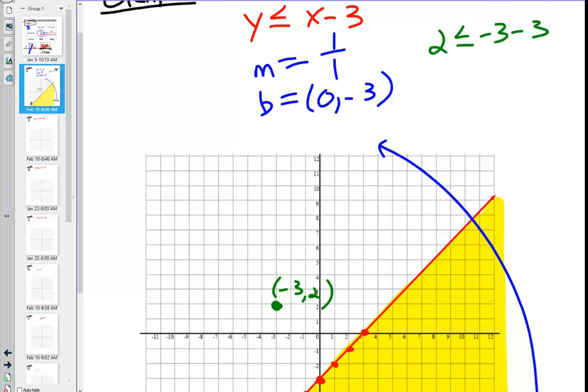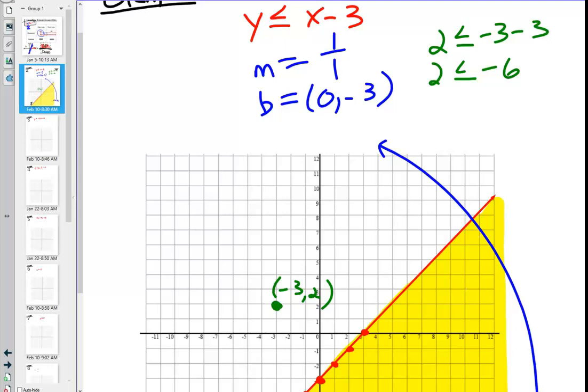What's -3 minus 3? No, it's not. It's -6. Is 2 less than or equal to -6? 2 is not less than -6. It's also not equal to -6, so that would be false. Any point in white would be false. Any point in yellow would be true.